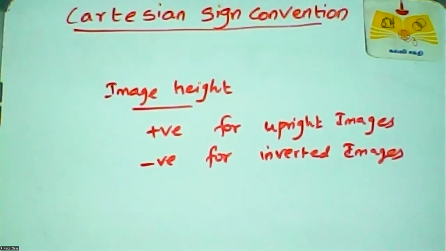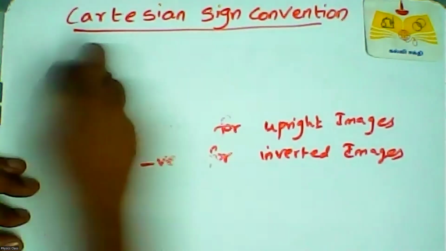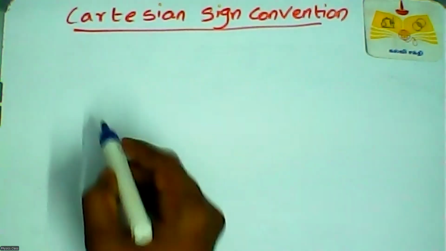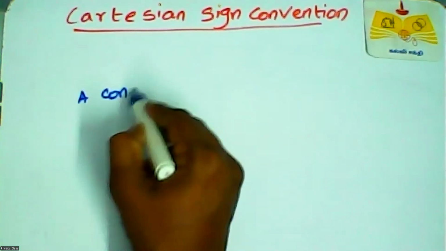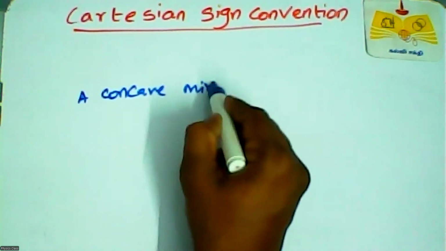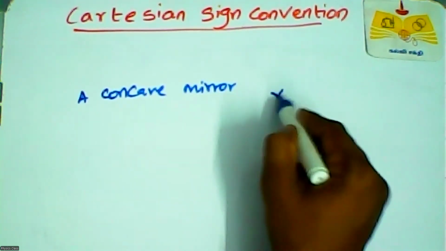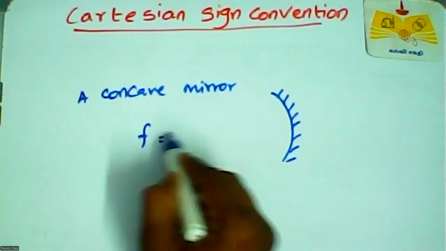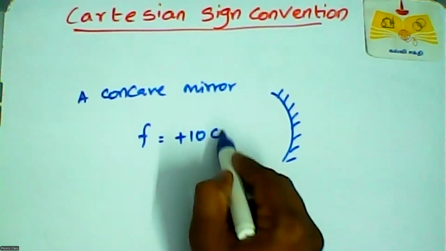Clear? Okay. So object distance, image distance, focal length. To illustrate this convention, let us consider a few examples. A concave mirror, with focal length positive 10 centimeter.